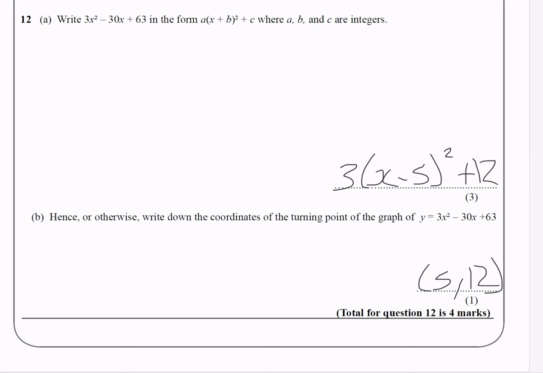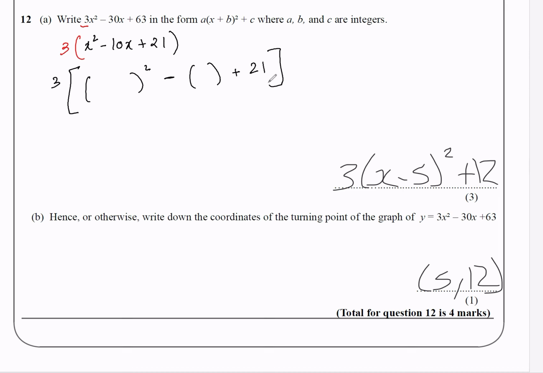Okay, so first take the 3 out. What's the inside bracket then? x square minus 10x. 63 divided by 3 is 21, right? Now we take this 3 common, bracket square, minus sign. 10 divided by 2 is 5. 5 square is 25.